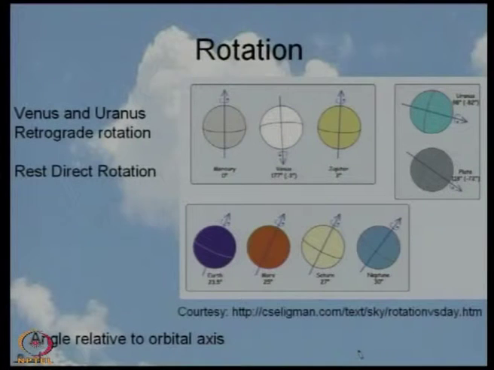Okay. So, let me briefly summarize what we had learnt in the last class. We have these 8 planets and they all revolve in elliptical orbits around the Sun. The inner planets, up to Mars, are all rocky, and relatively small.